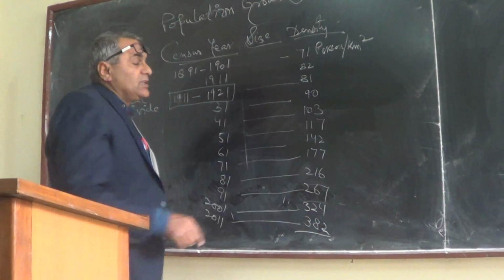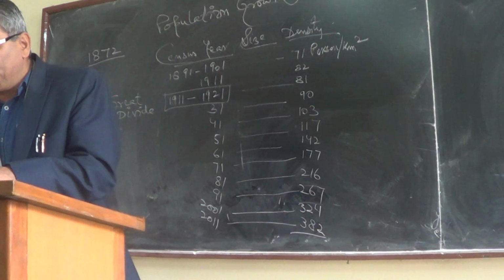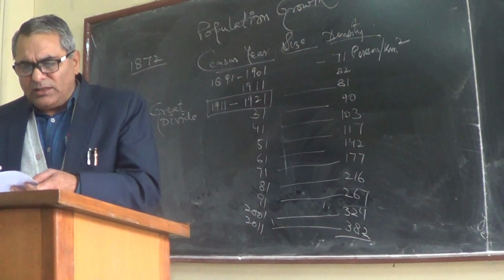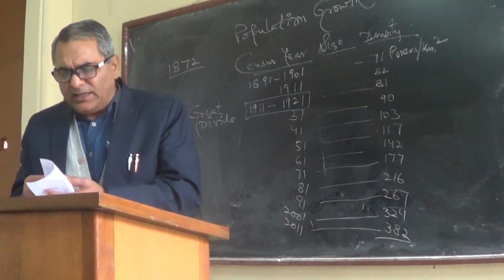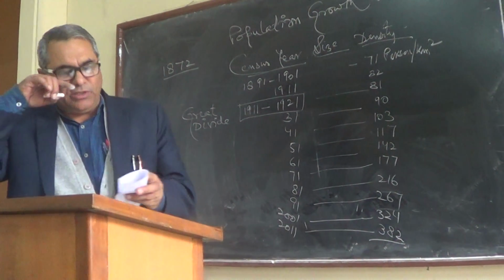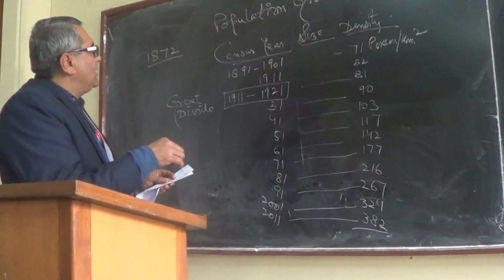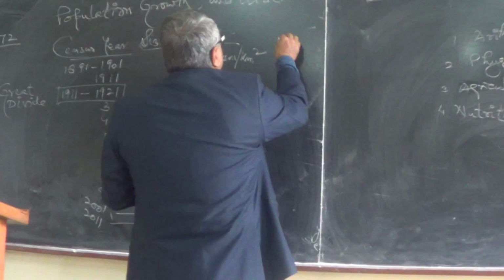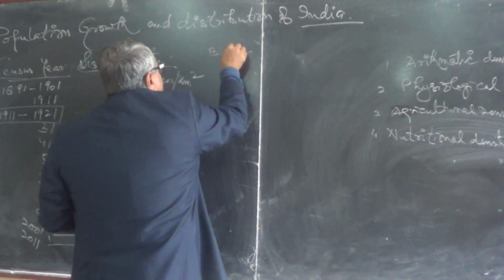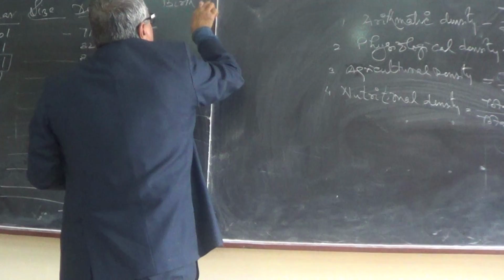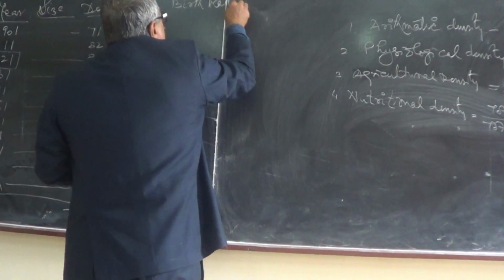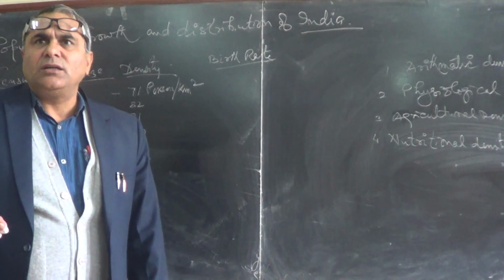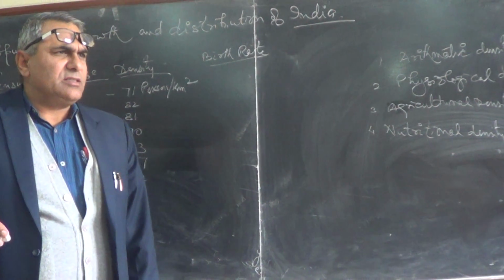This is the increase, but simultaneously there is a need to mention the birth rate and the death rate in both time periods. Here we don't have the statistics of 91. Birth rate means crude birth rate. You know crude birth rate? I discussed the CDR.